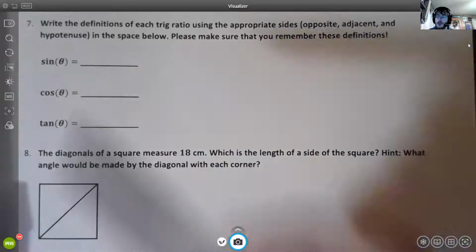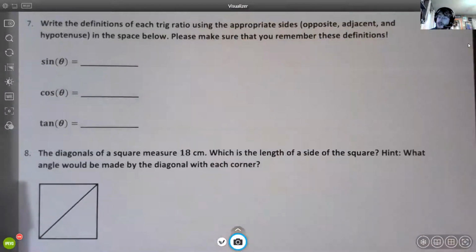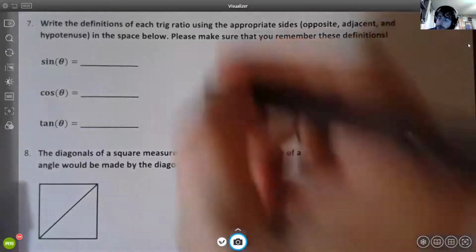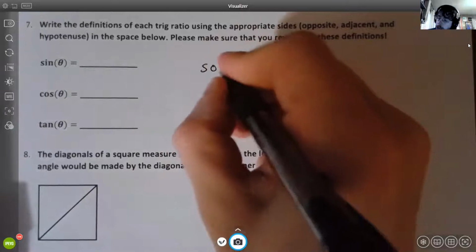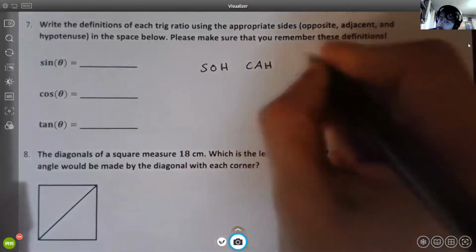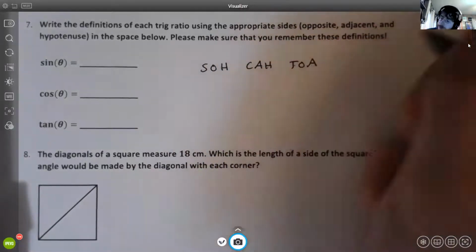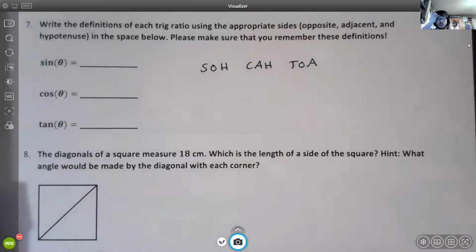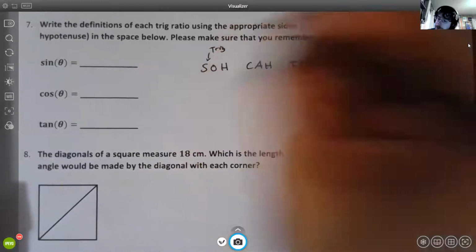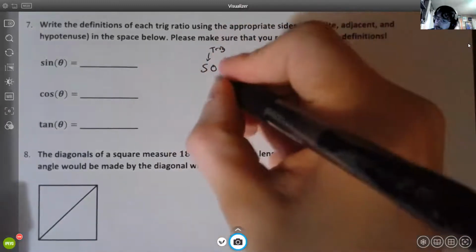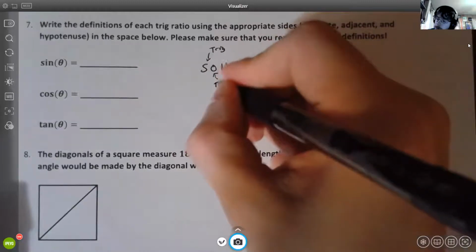So sine theta, cosine theta, and tangent of theta. If you remember, we talked about a little memory device, and we said it was SOHCAHTOA. The first letter stands for the trig ratio. The second letter stands for what's on top.